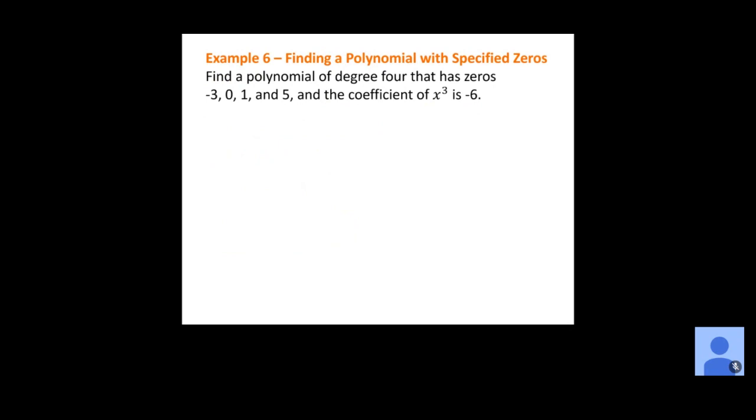So the first thing we want to do is just deal with the fact that we need a polynomial of degree 4 that has zeros of negative 3, 0, 1, and 5. If those are the zeros, what does that tell us? What do we know about this polynomial now?